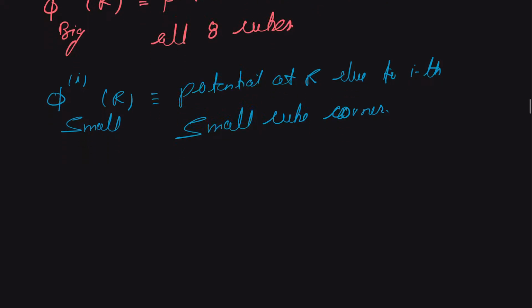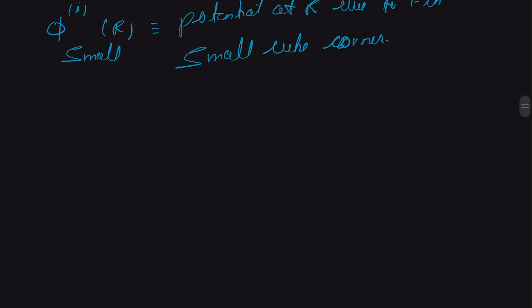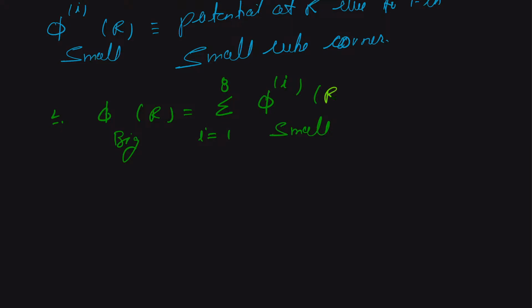And we know that potential follows superposition. Therefore, we can write the equation that phi for big at r will be equal to the summation, and we have a total of 8 cubes, of phi small i at r.